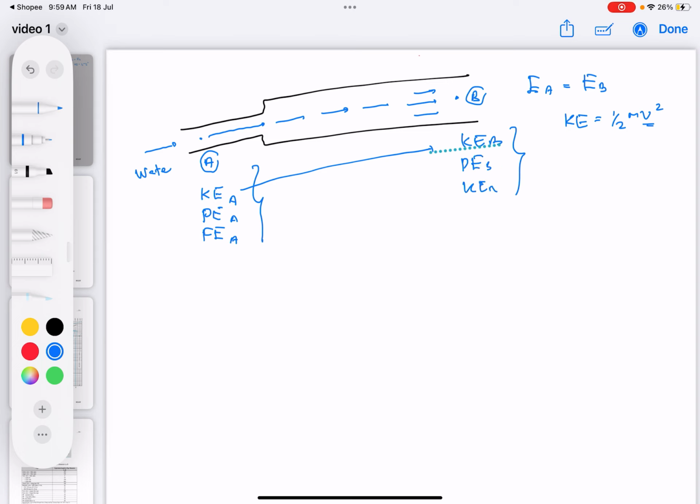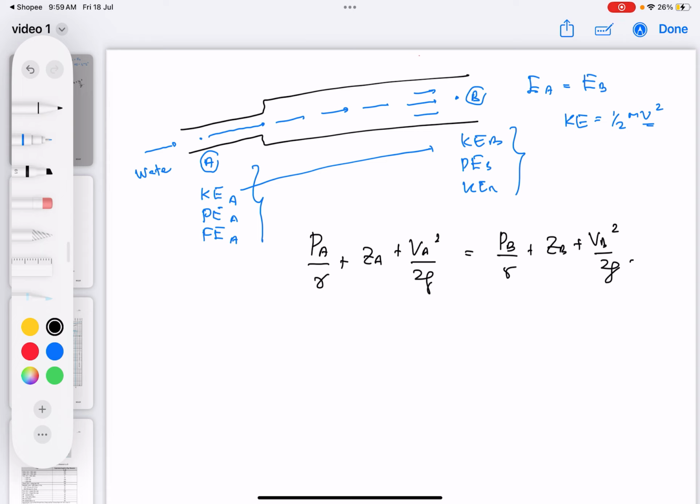So from the principle of conservation of energy, we end up with what we call Bernoulli's equation. This one is not given, so you have to memorize it.